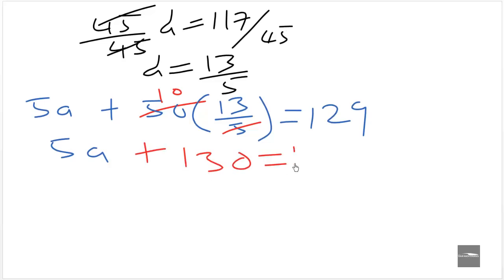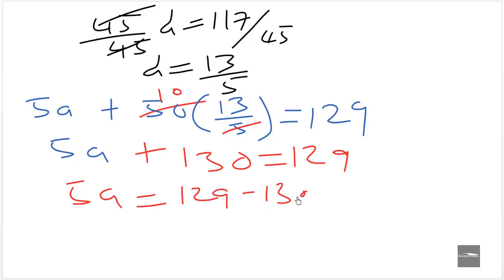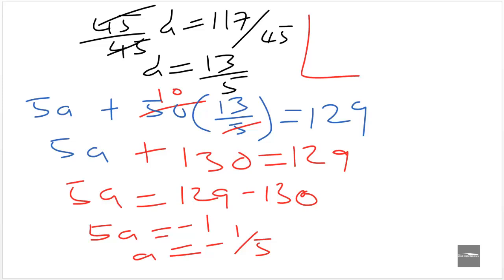So this will simplify to 5a equal 129 minus 130, which is negative 1 over 5. So our first term is negative 1 over 5, and our common difference is 13 over 5.